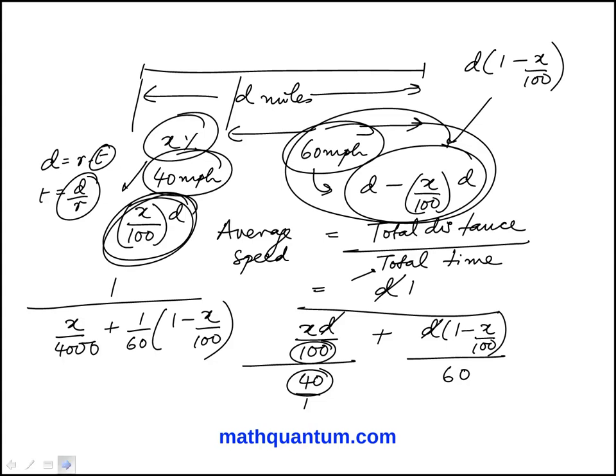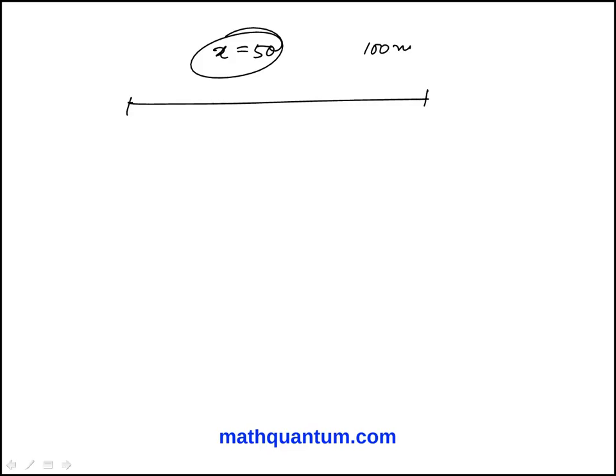Now, the other approach would be to actually use examples. You would pick a value for x. You could pick x as 50. I believe that might work in this problem. And then you say the total distance, you do have to pick a nice number. If I do 100 miles, that's not a good one, because it would be 50, 50.